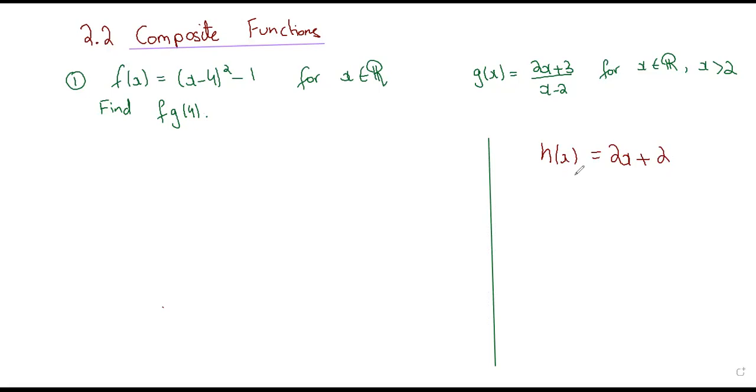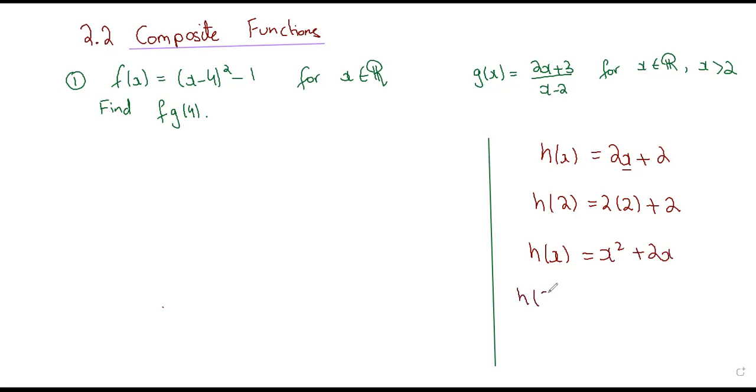So if I write h of 2, it would be 2 multiplied by 2 plus 2, because instead of x, I'll be writing 2 everywhere. Let's say the function was h of x equals x squared plus 2x.